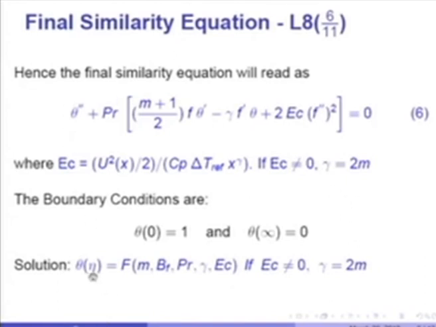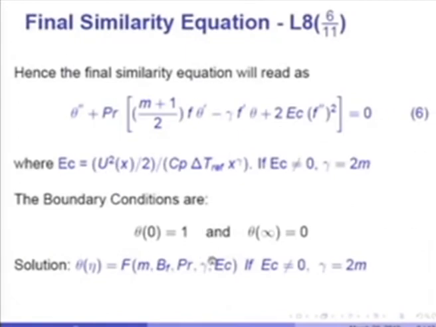Theta of eta will be a function first of all of m and bf, because f, f dash and f double prime are functions of m and bf, and in addition you have the Prandtl number, the wall temperature variation parameter, and the viscous dissipation parameter EC. This is what we expect.